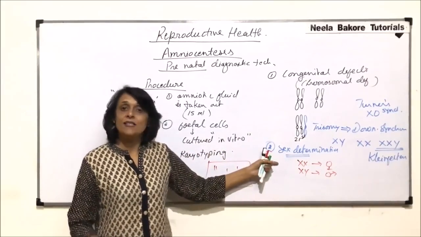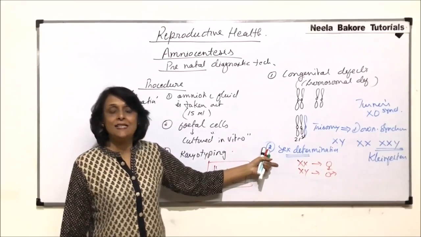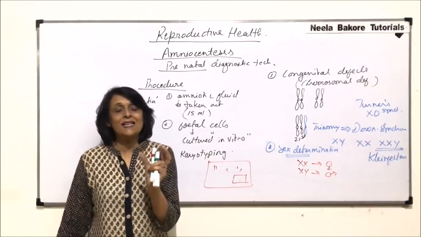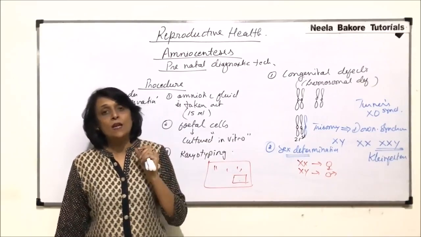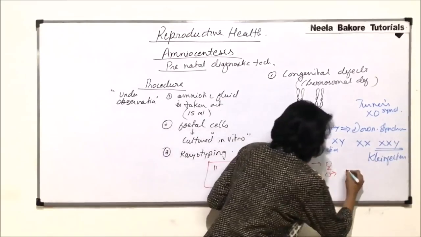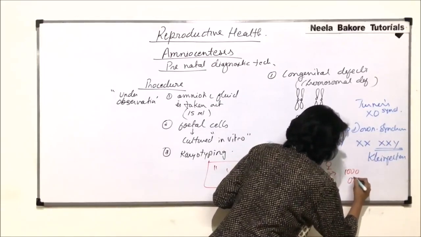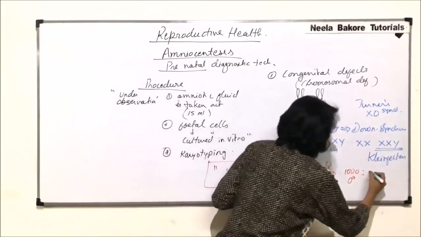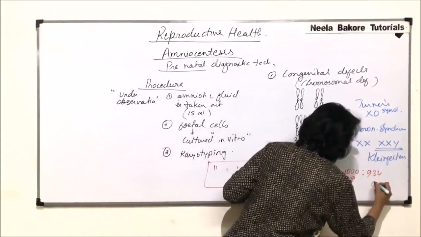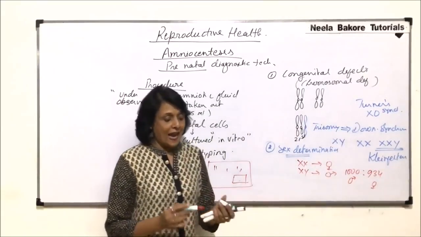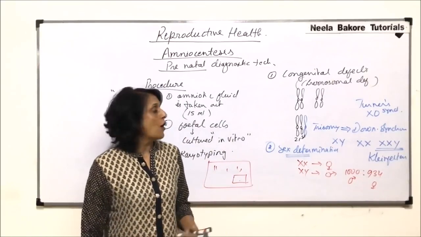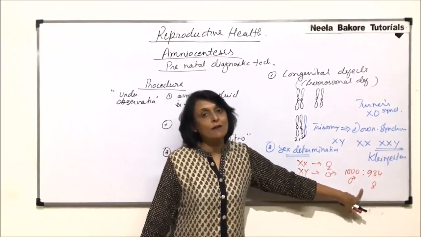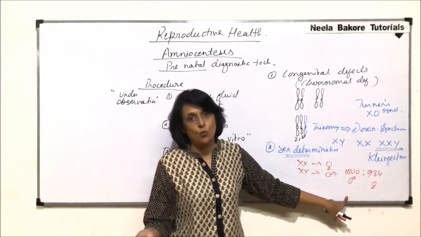Now what exactly is the problem of female feticide? Female feticide is resulting in sex imbalance. That is, in a population of 1,000 males, there are only approximately 934 females. In any population, for normal reproduction, for every male there has to be one female, so the ratio should be 1:1.